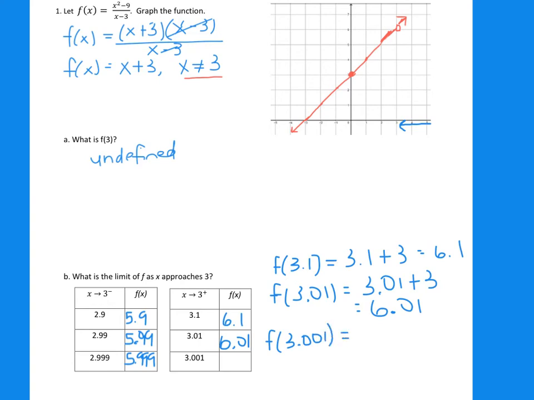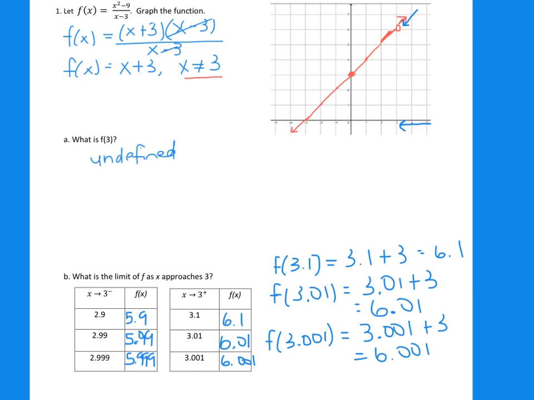Plugging that in for x, we have 3.001 plus 3, which is 6.001. So now notice that as we come in from the right side along the x-axis and we're approaching 3, what is happening to our function value? Well, if we look up at our graph of our line, our function from the right is approaching 6.